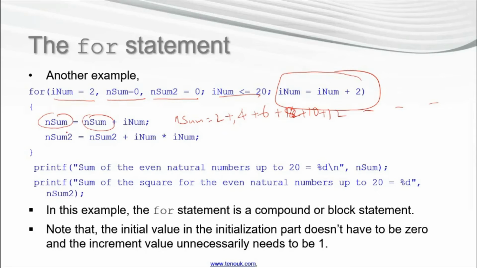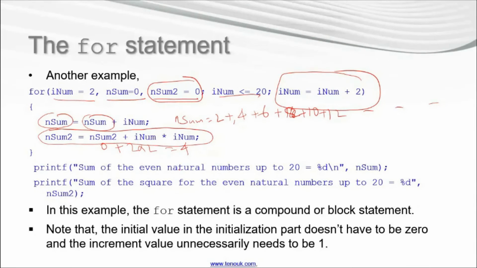Then in the next statement, nsum2 is initialized with a value of 0. So nsum2 equal to 0 plus inum into inum. Inum is initially 2, so 2 into 2 is 4. nsum2 gets 4 as its first value.